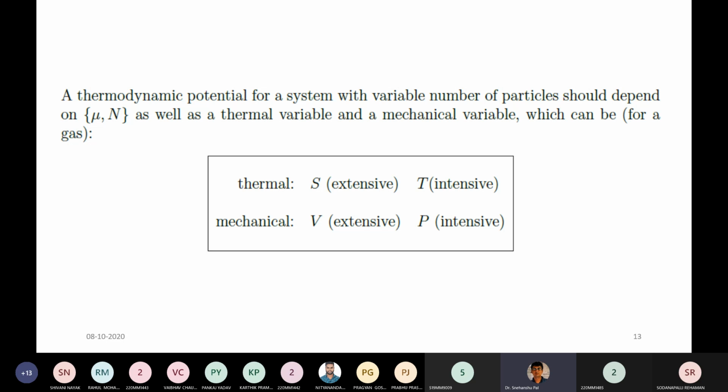Volume is also an extensive variable. But if certain variables are independent of the mass or matter of the system, then they are intensive variables. Those are capital T, temperature, and pressure here. So these four variables are all important to understand the thermodynamic potential of a system, because they play an important role in influencing it.